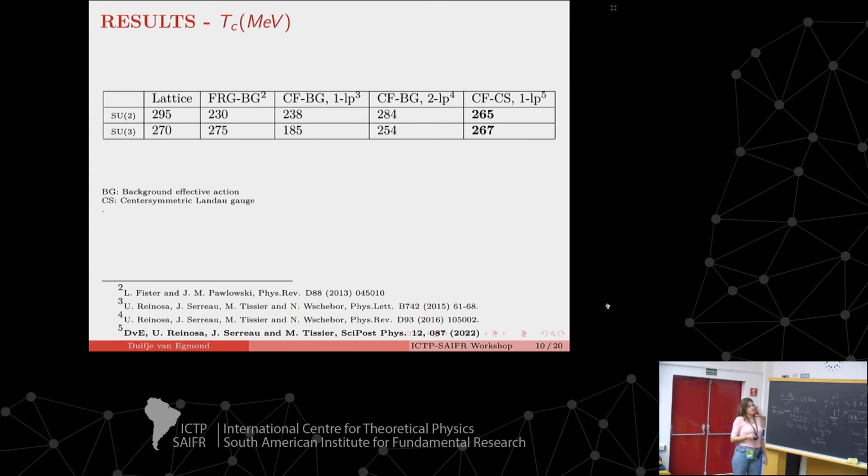And we see that already at one loop, our results are really well in agreement with the lattice data, and comparable to, or better than, the background effective action.